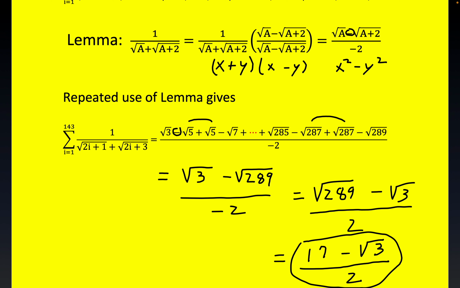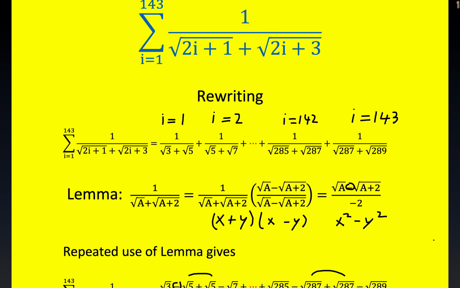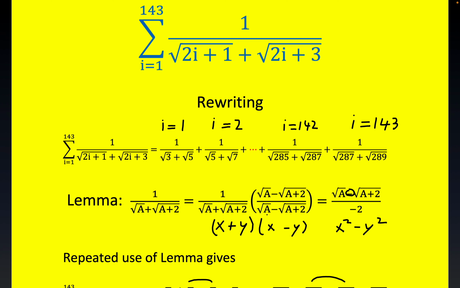Square root of 3 is a number between 1 and 2, so this number would be somewhere around 8, and that's probably pretty crude. Now let's go back to the beginning. Notice that this particular term right here would be the biggest term in the entire series, and it's approximately 1/4.